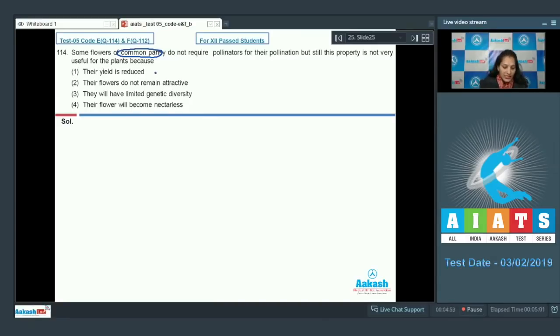So, the yield is reduced? No. Their flowers do not remain attractive? No. They will have limited genetic diversity as they undergo self-pollination always. So this is correct. Fourth, their flowers will become nectarless? No. So the correct option for the given question is option number 3. Let's move on to the next question.